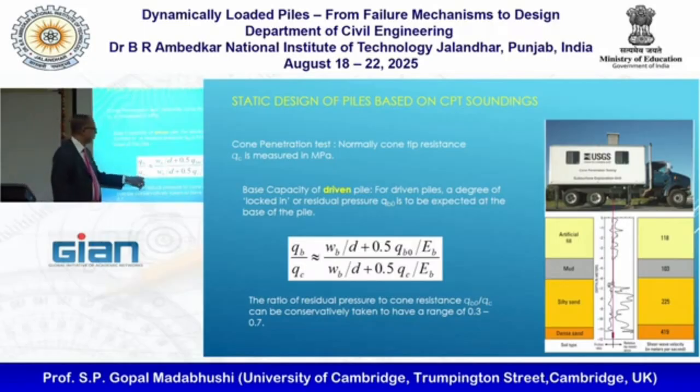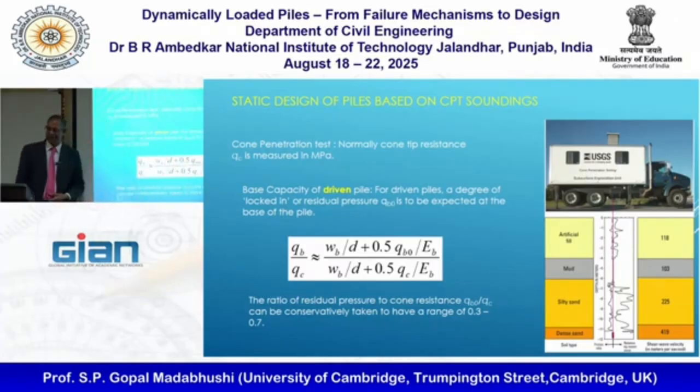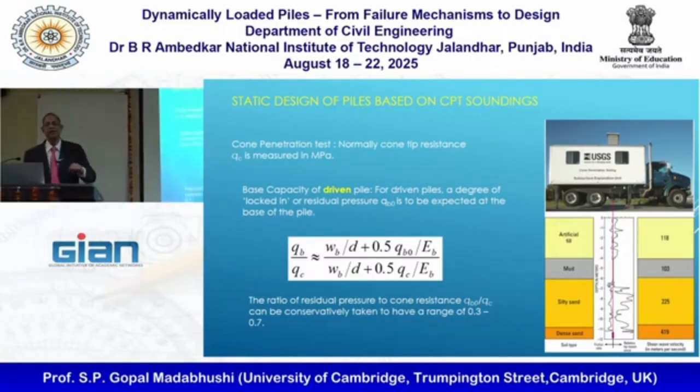And you use this equation where again this is the normalized displacement at the pile base to diameter, plus half of that. The only difference is that at the top you have QB naught, which is the residual pressure. At the bottom you have QC, which is the cone resistance at different elevations. So we can get a continuous variation of the bearing capacity with depth using this equation.